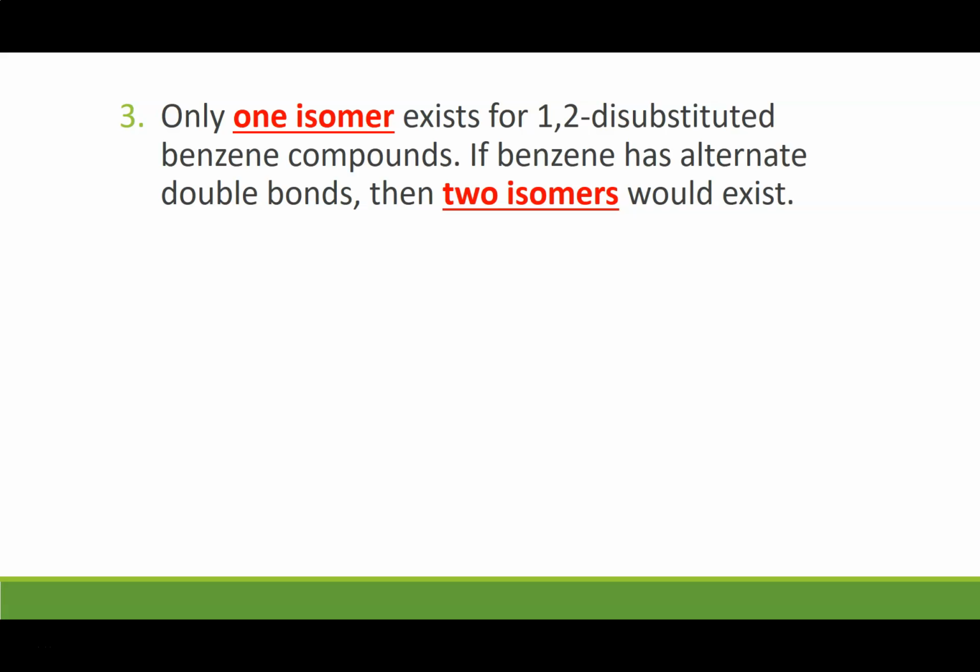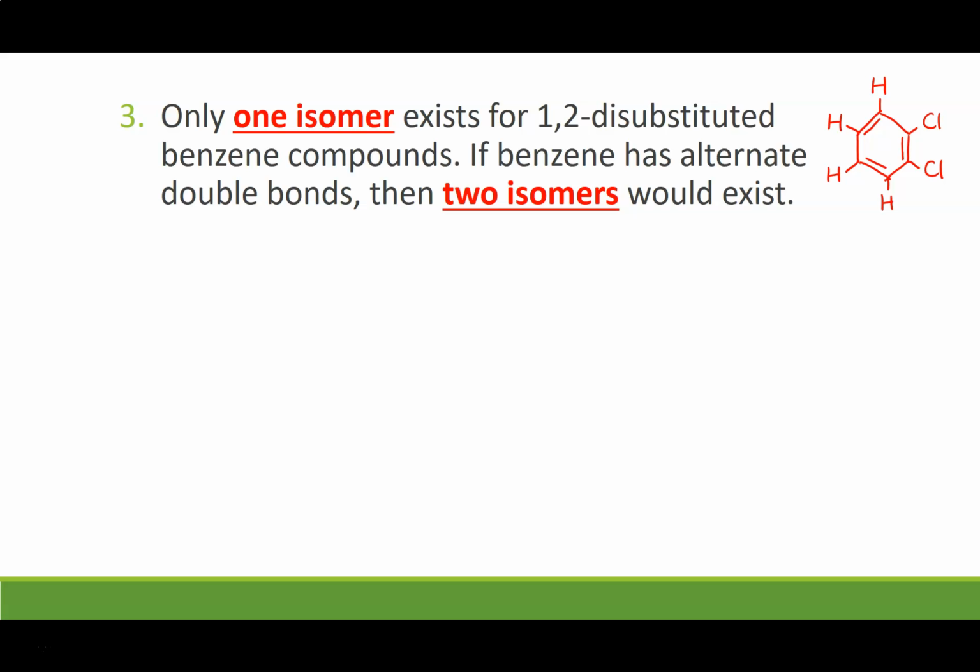The third piece of evidence has to do with something called the 1,2 disubstituted benzene compounds, such as the one that I am drawing right now. In a 1,2 disubstituted benzene compound, 2 of the hydrogens, specifically the hydrogen on carbon 1 and carbon 2, are substituted with something else.